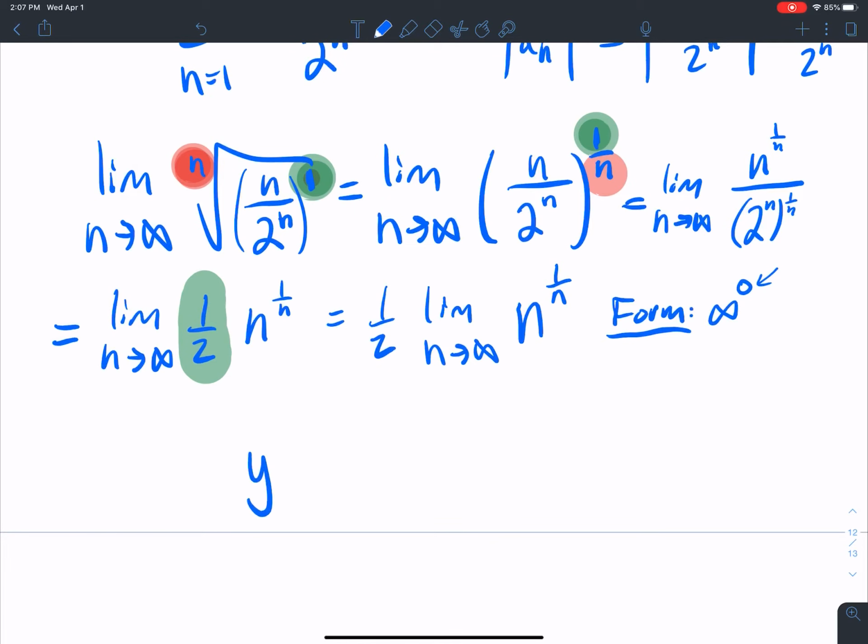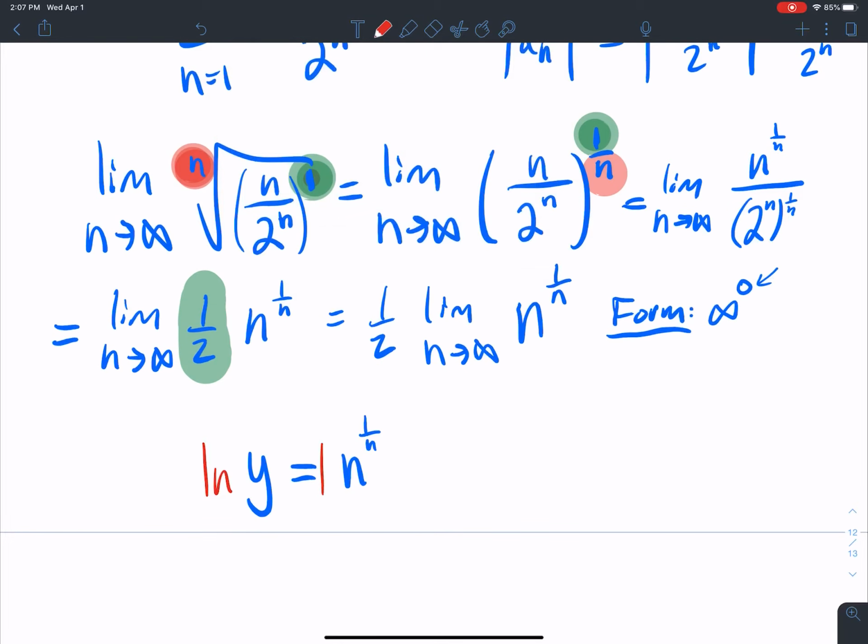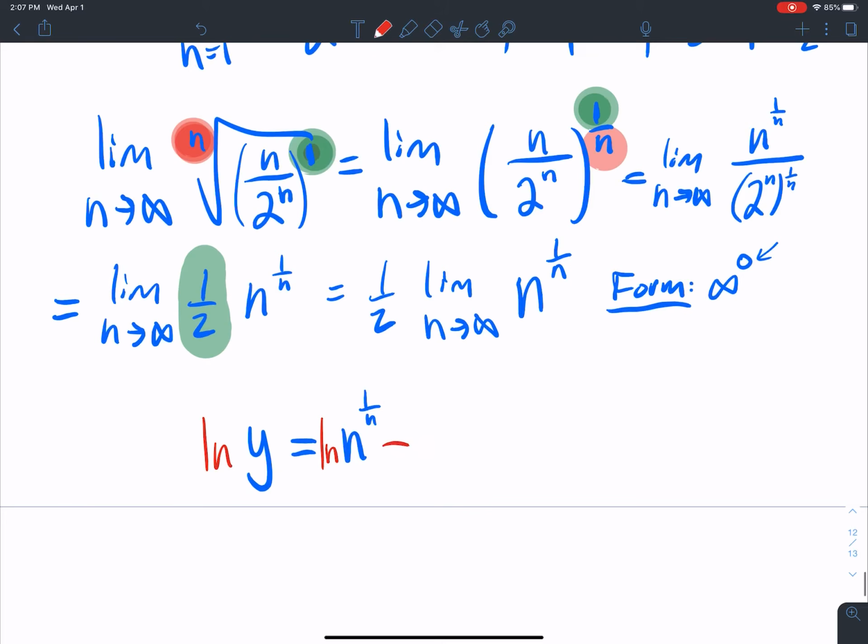I'm going to just call it y. So n to the 1 over n equals y. Now what I'm going to do is natural log both sides. And when I natural log both sides, this becomes 1 over n times ln n. So this becomes natural log n divided by n.